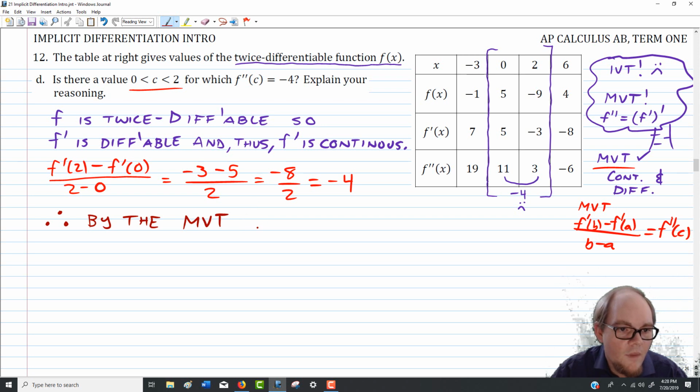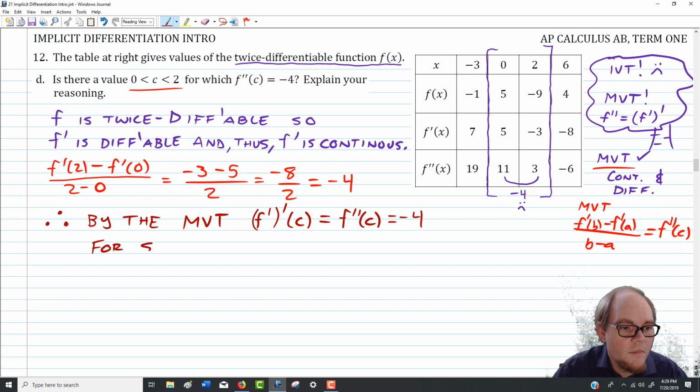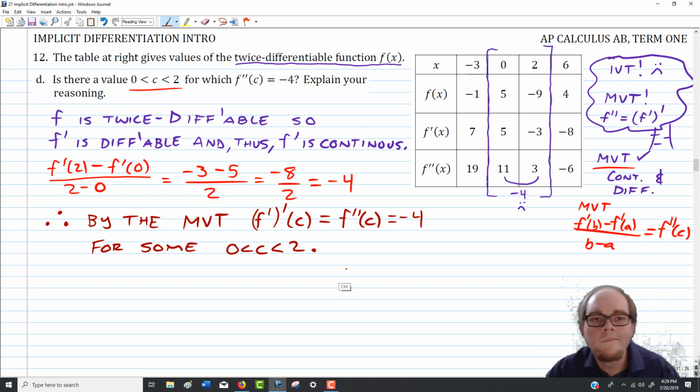By the MVT, f prime of c, which is equal to f double prime of c, so I'm making sure to establish that it's a derivative, equals negative 4 for some value c between 0 and 2.